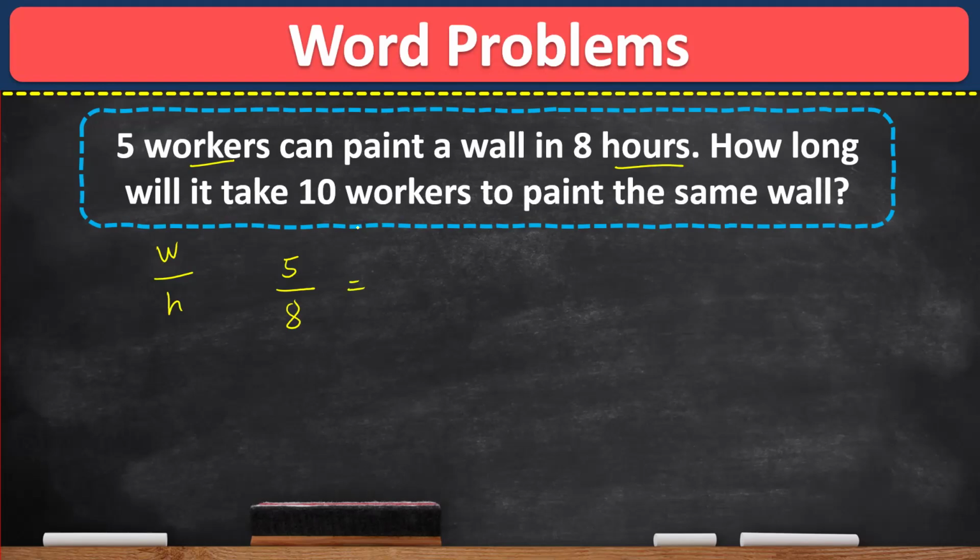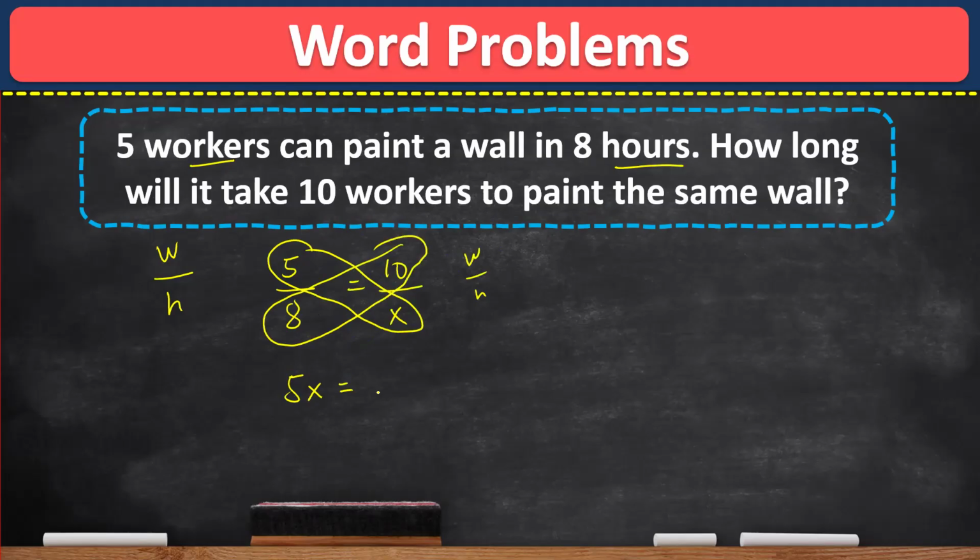So in the second ratio, the missing one is the hours. Workers to hours, so the workers is equal to 10, and the hours is represented as x. So cross multiply again, 5 times x is 5x equals 8 times 10, that is equal to 80.